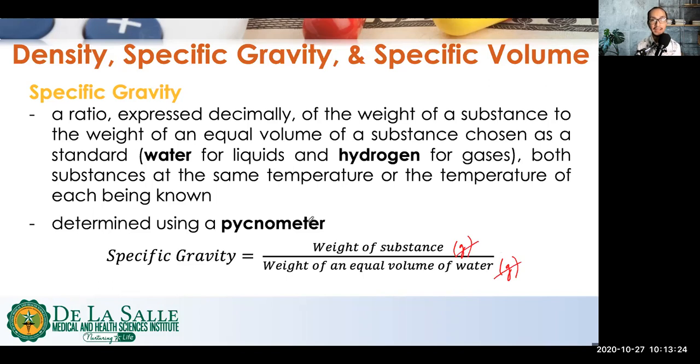Under a given set of conditions, both specific gravity and density are a constant value for any object, and they can be used as one of the means to determine the identity of a material. Kasi it should not vary in a particular material, unless the material is impure. If the material contains other substances, then the specific gravity and the density will vary.